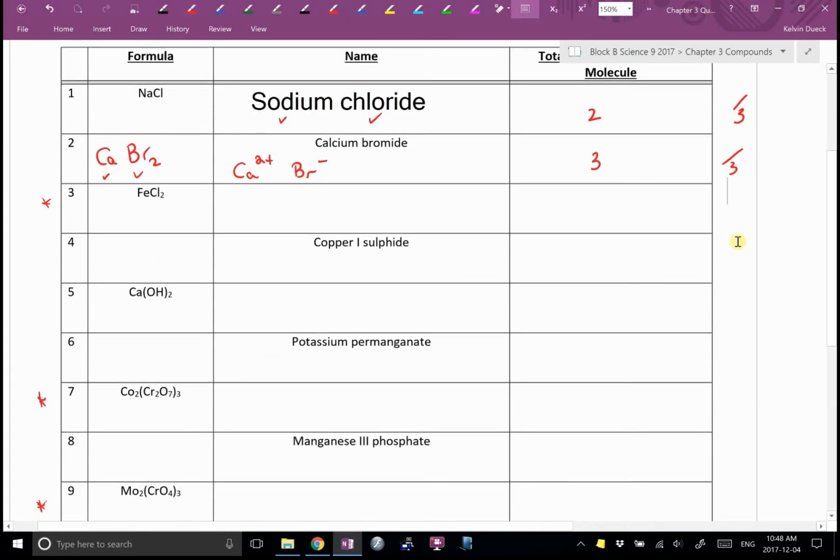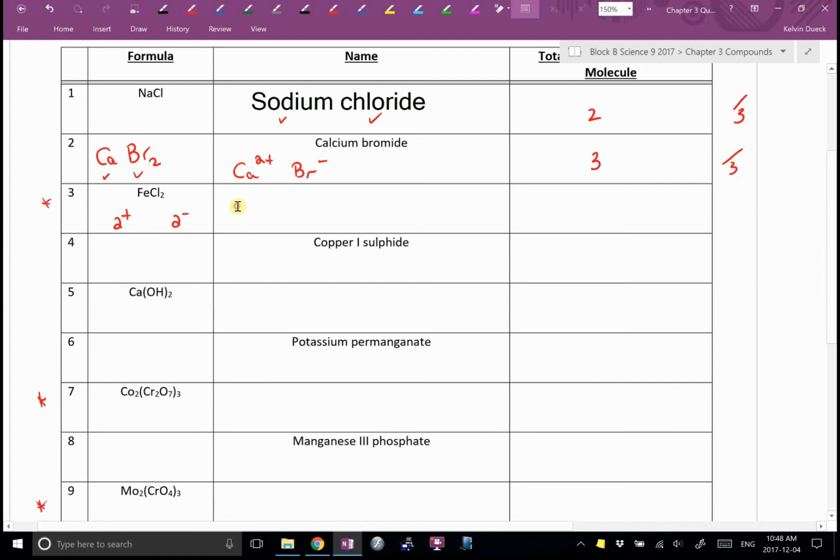FeCl2. This one is much tougher because iron is multivalent. I have to work my way backwards. I know that Cl is -1. How many Cl's do I have in this molecule? 2. So I have a total of 2 negatives. That means I have to have a total of 2 positives. How many Fe's do I have? Just 1. That means that one has to be the 2 positives.